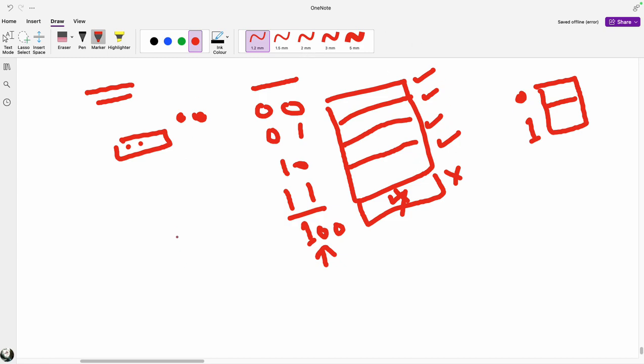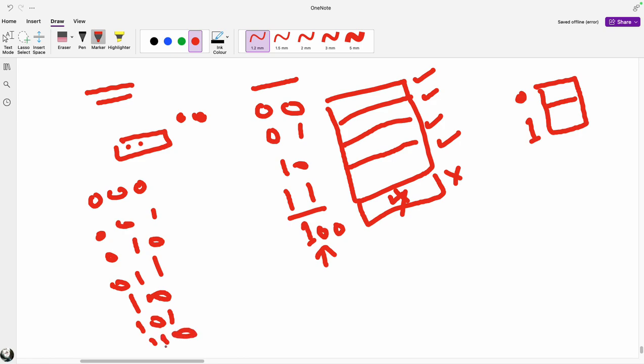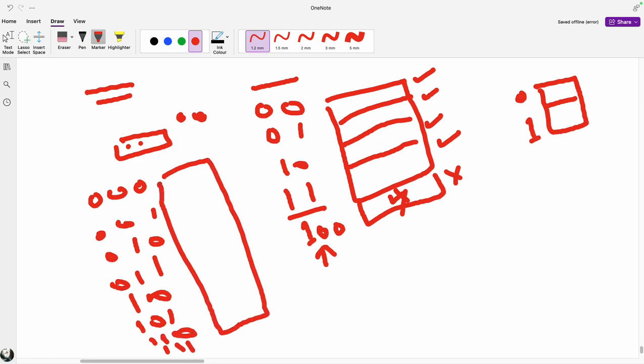Now, if I have to have more locations, then I need to increase the bits. Say for example 000, 001, 010, 011, 100, 101, 110 and 111. Now I can have 8 locations, but for addressing them the bits I need is 3.